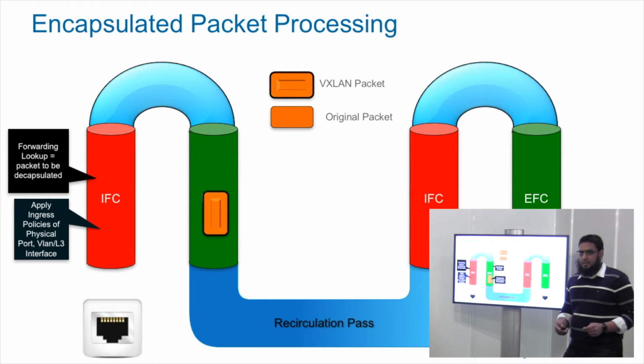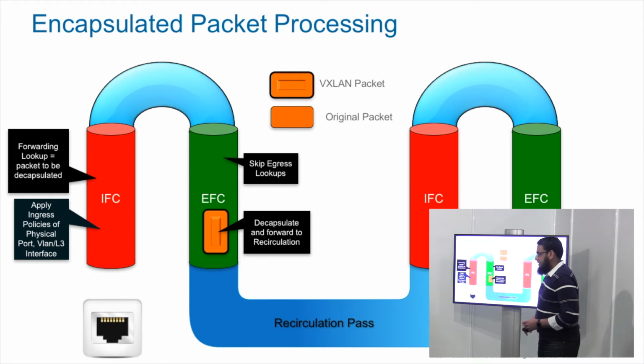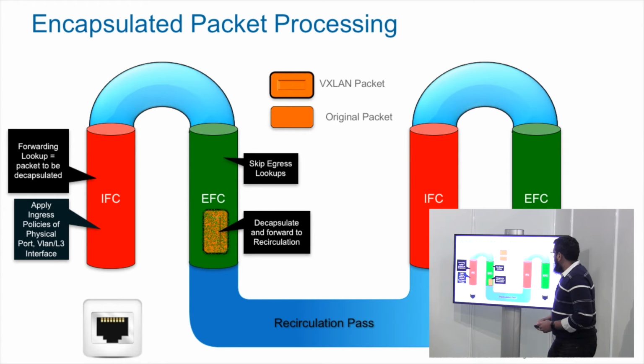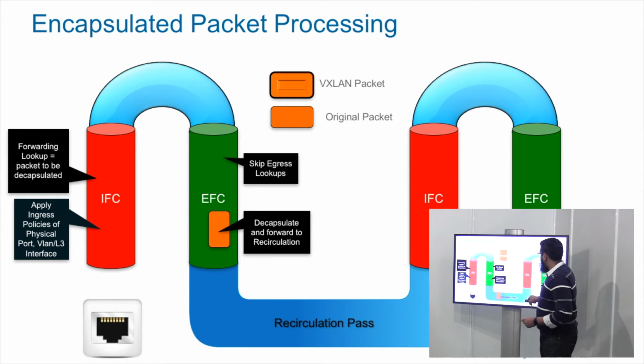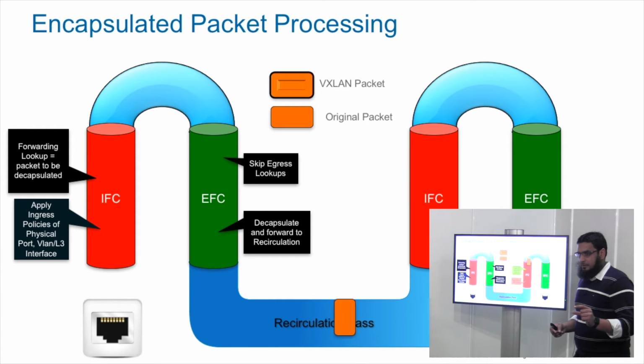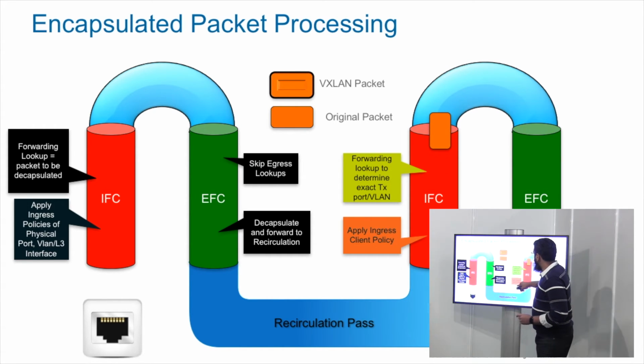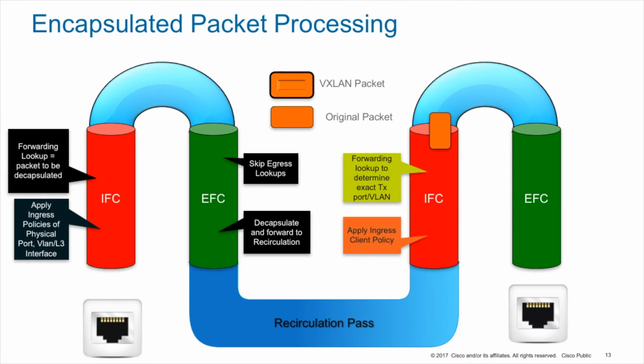Once it's decapsulated, it takes the packet in the recirculation path, right? So it takes this packet through the recirculation path back into the IFC. And now, because we have a new packet header, we'll look at this new packet header one more time, right? We'll apply any policies, and we'll determine the final DI, or the destination interface, right?